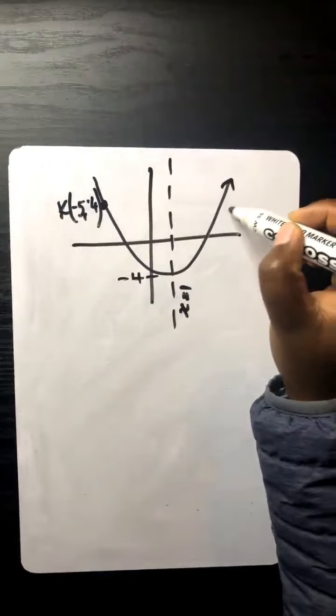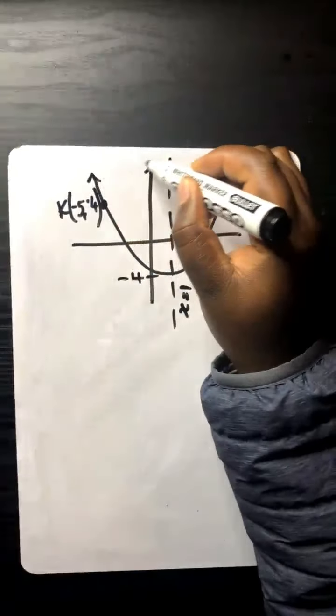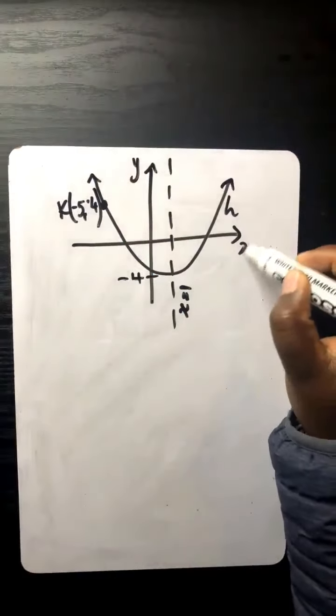So this is the graph of H, and then this is the y-intercept, this is the x-intercept.